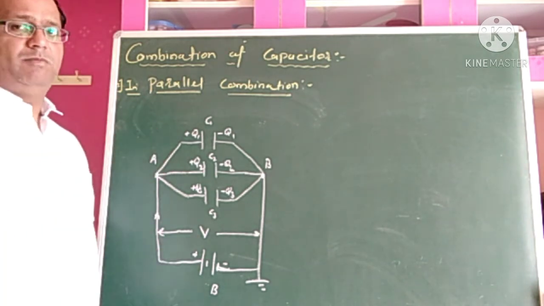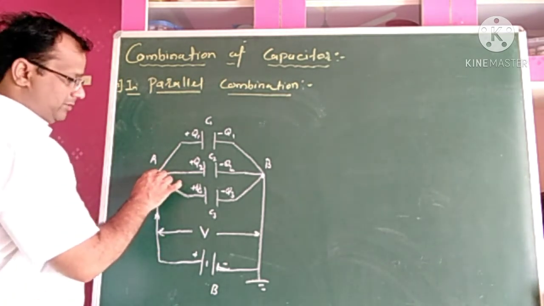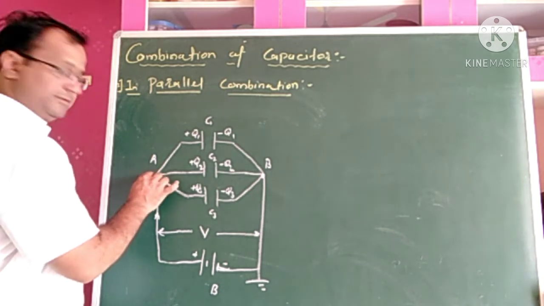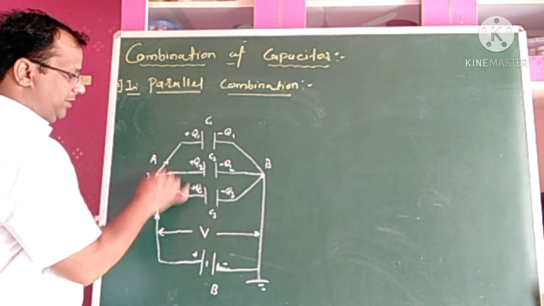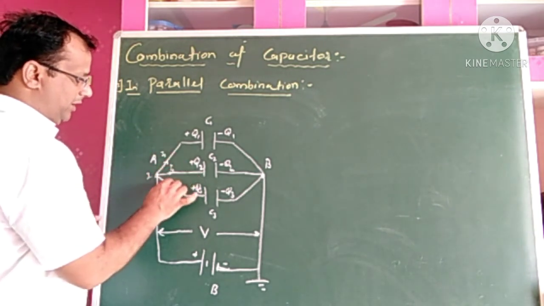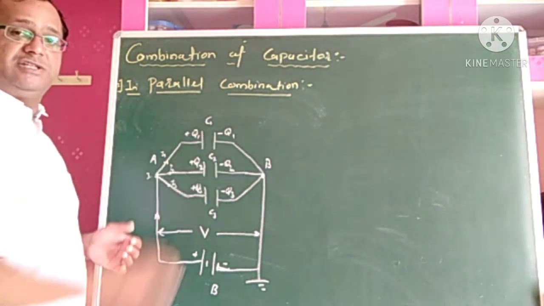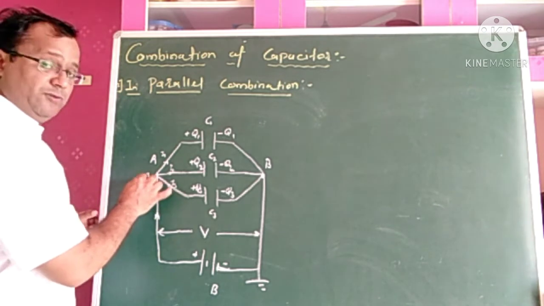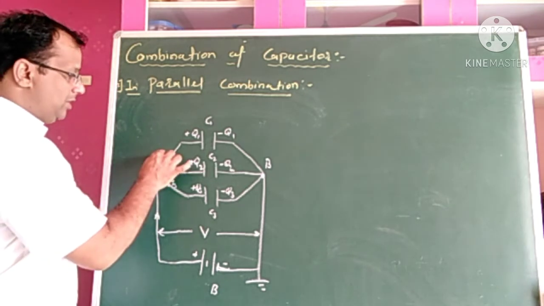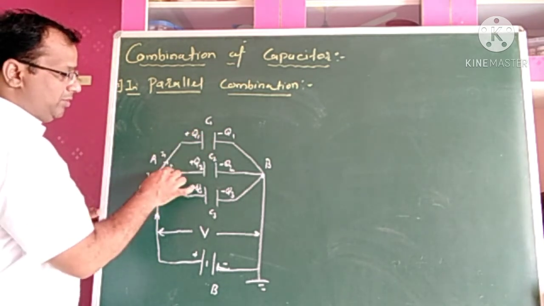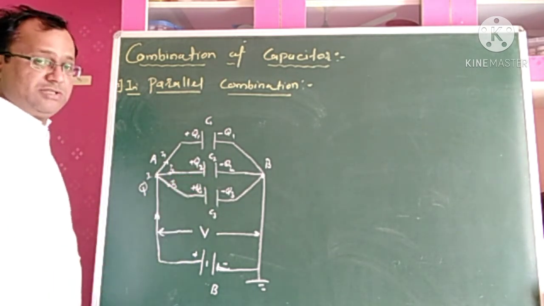Then in parallel combination, suppose from this point up to this point the current is I, right? And after that, at point A, that current is divided into three parts, I1, I2, I3. Here the current is divided, it means the charges are divided. Suppose due to the current I, the total number of charges is Q. Due to the current I1 the charge is Q1, due to the current I2 the charge is Q2, and due to I3 the charge is Q3.